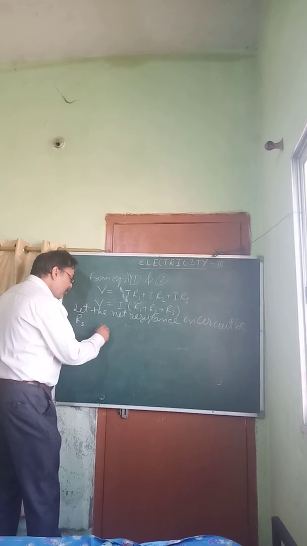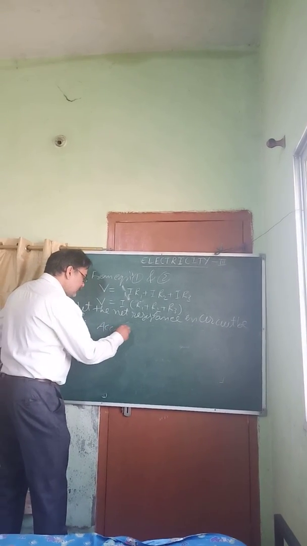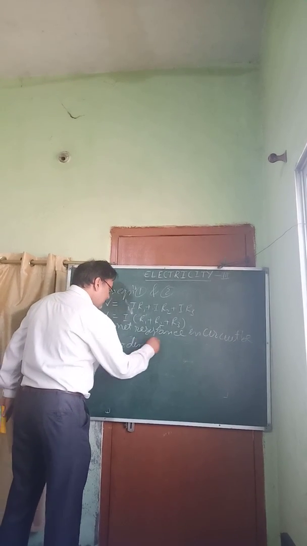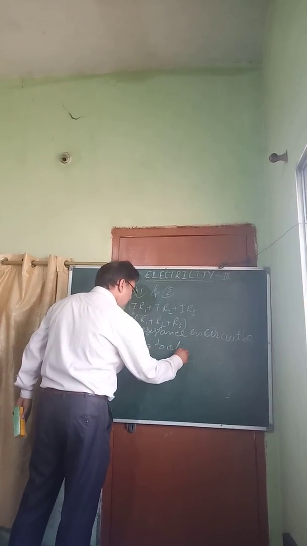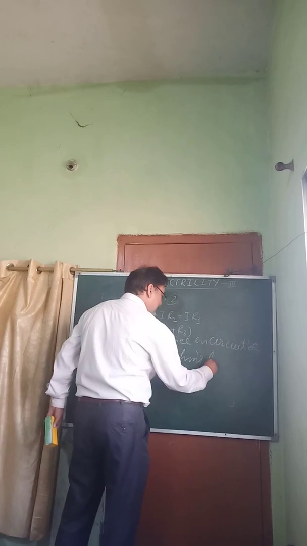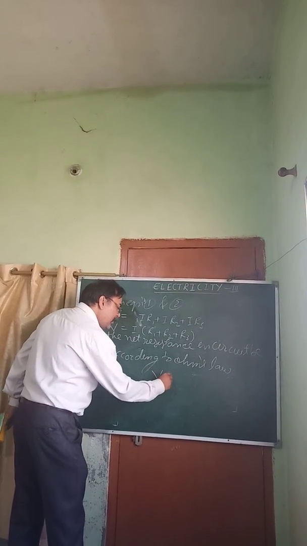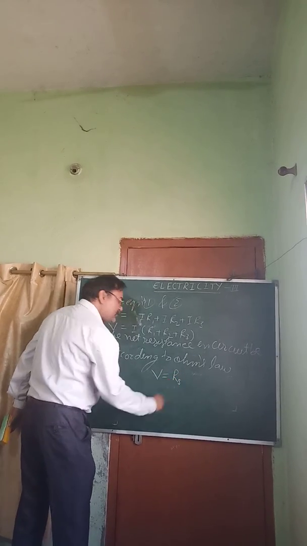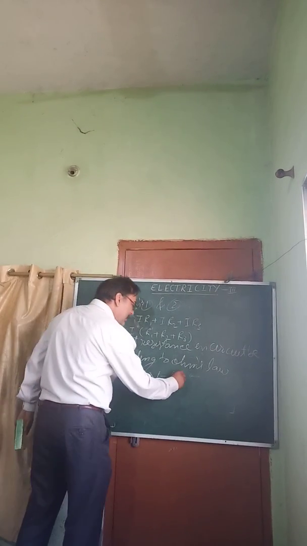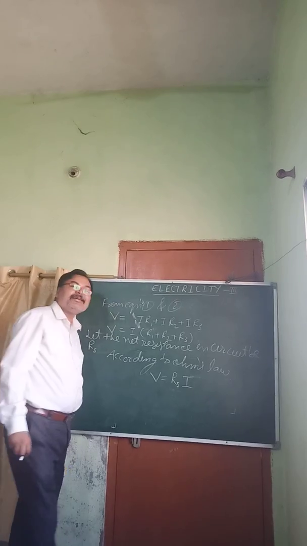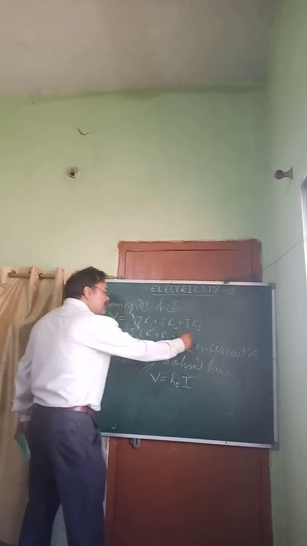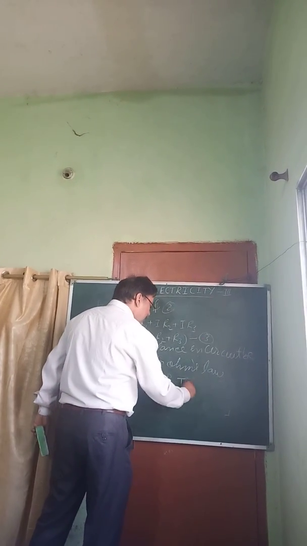So according to Ohm's law, what can we write? Total potential difference V is equal to the net total resistance of the circuit RS into the total current of the circuit I. Now let this be equation number 3 and this be equation number 4.